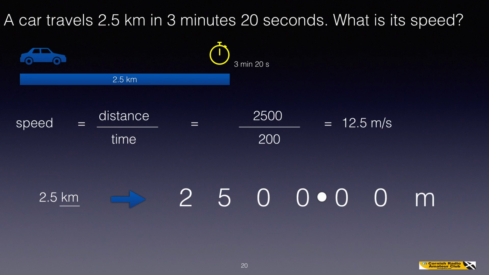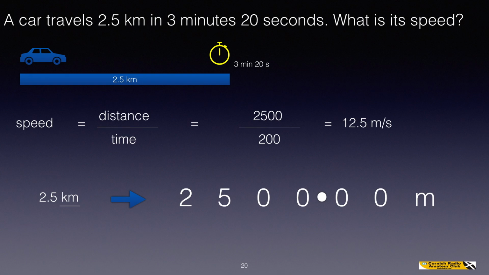And so we can correctly write it as 2500.00 m, small m for meters. We don't have to do the decimal point or the last 2 zeros, but it doesn't change anything. It's just a matter of presentation.